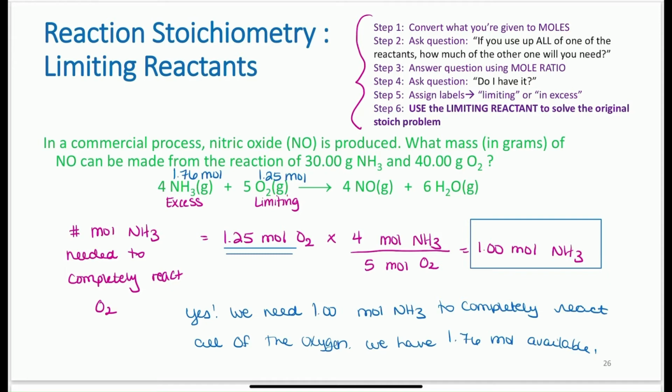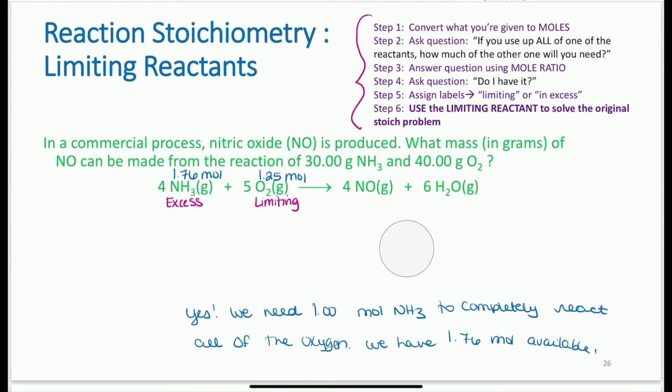So please pause if you need to write this down, because I'm going to erase this to write down a little note down here. So the trick to this is, if you do not have enough, say this said that I needed 2 moles of NH3. I don't have enough for that. So if you do not have enough, you can still determine your limiting and excess reactant.